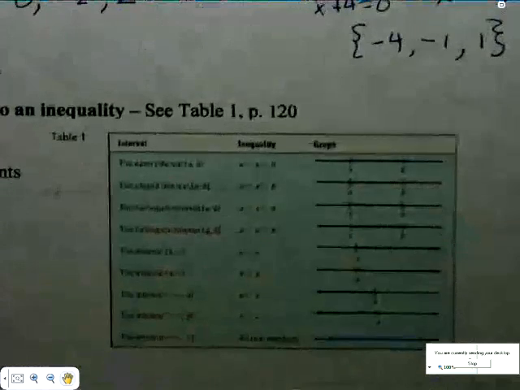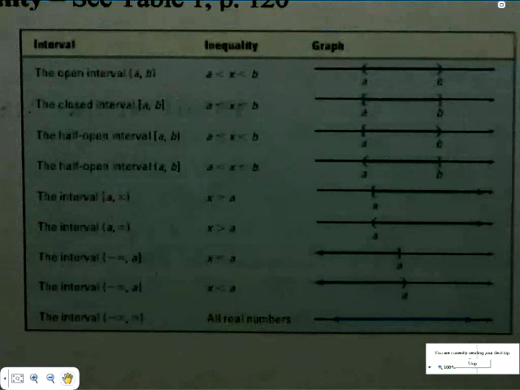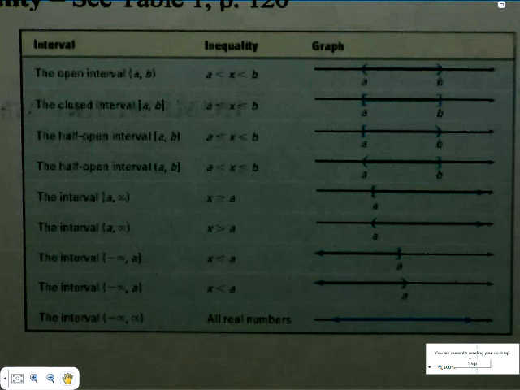And then this, you need a microscope to read. It is on page 120 in your book if you need to look it up. But the only difference between our answers in college algebra than they may have been in your high school algebra book, you may have just stopped when you got to, for example, x is greater than 2.